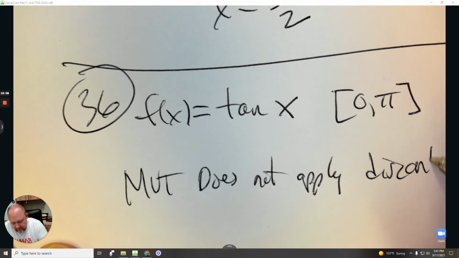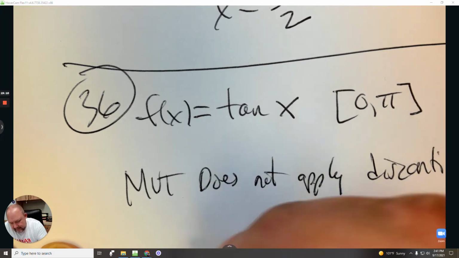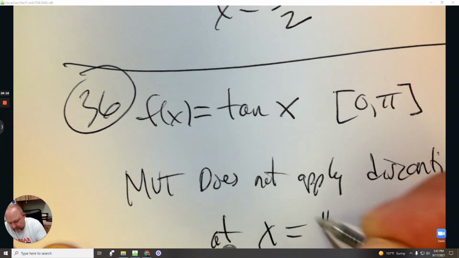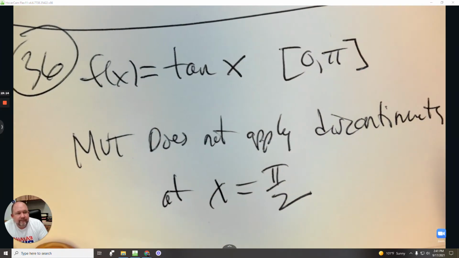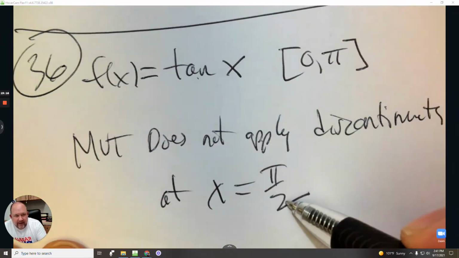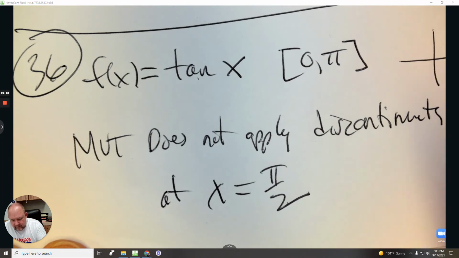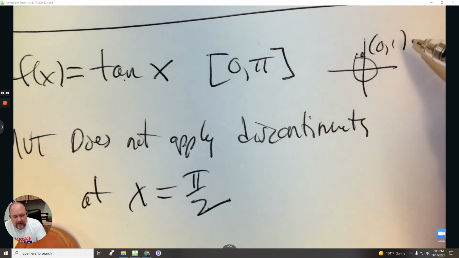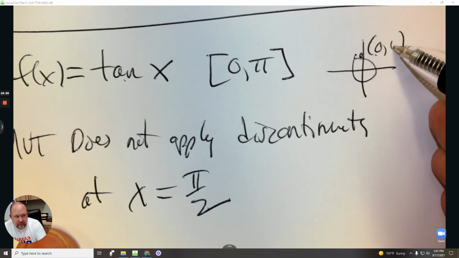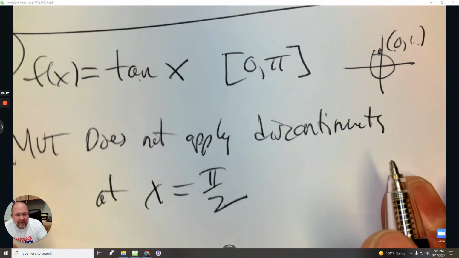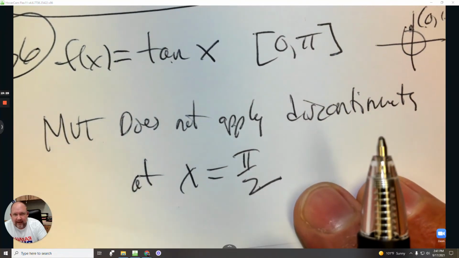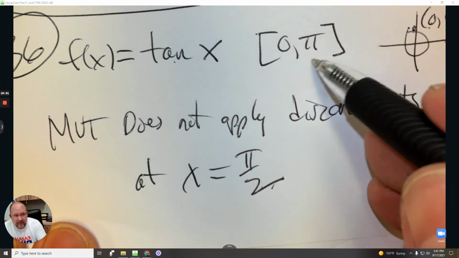There's a discontinuity at pi over 2. So the value of tangent at pi over 2, if you think of the unit circle, again, up here, it's y divided by x. So 1 divided by 0 is undefined. So there's a discontinuity, there's an asymptote in the graph here in the middle of my interval.